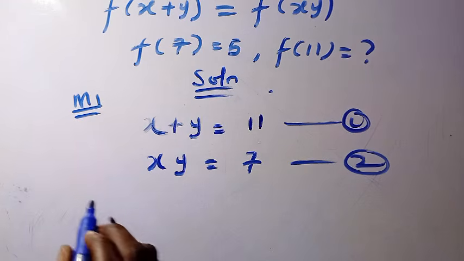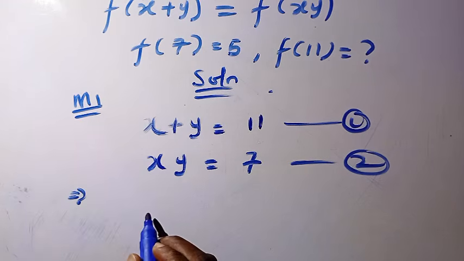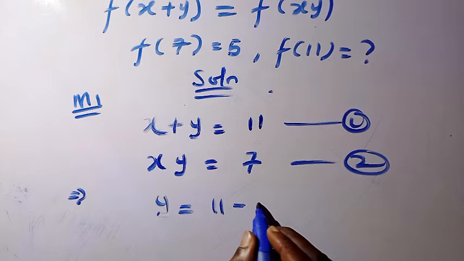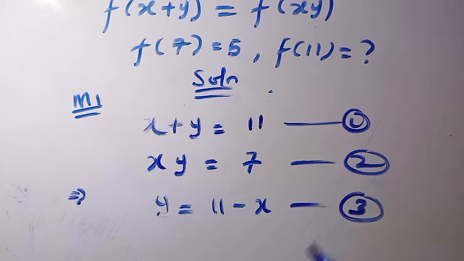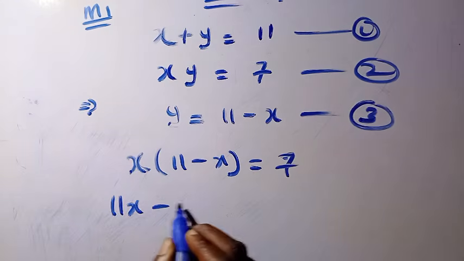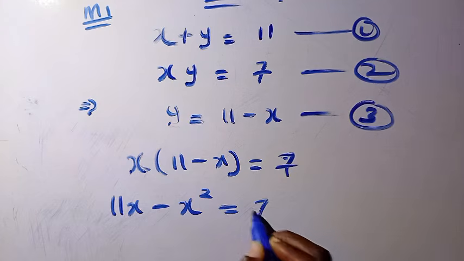By recalling equation 1, if I make y the subject of the formula, we are going to have y equals 11 minus x. I call this equation 3. And from equation 2, let's substitute y. By putting y equals 11 minus x in 2, we are going to have x times (11 minus x) equals 7. Opening the parentheses, we have 11x minus x squared equals 7.